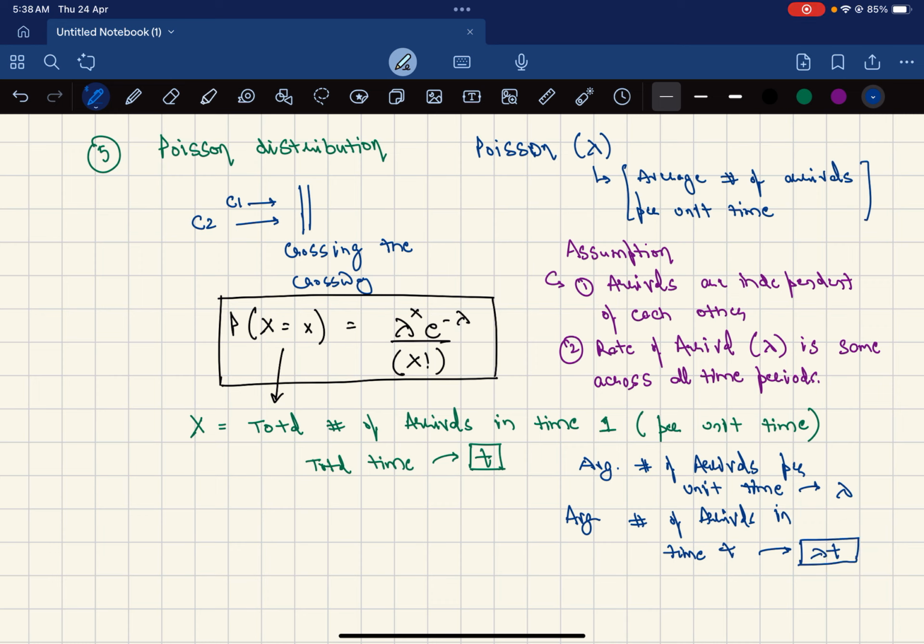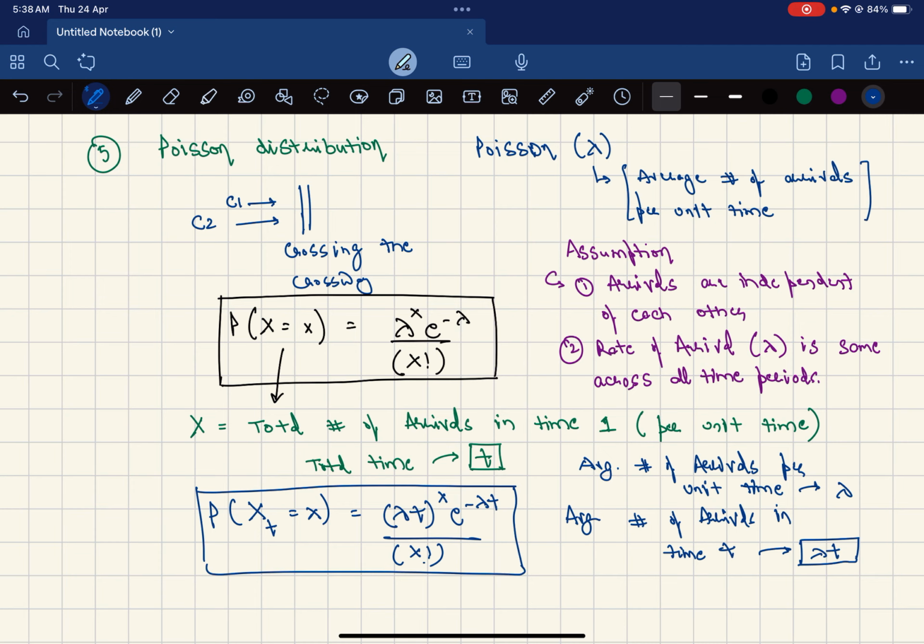Therefore, we just replace lambda with lambda t. So we call this X_t, let us say, and we replace lambda with lambda t. Since the new arrival rate becomes lambda t for a total time of t, the total number of arrivals in time t can be modeled using this particular probability mass function.